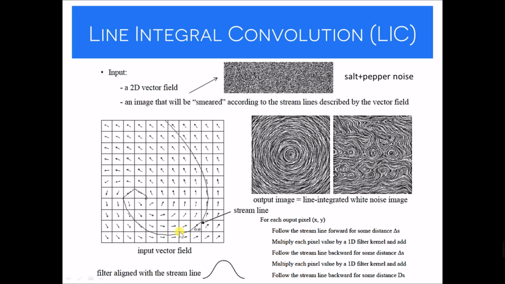And then at every point, you average those different gray level pixels along this line. So basically just take a finger and smooth it along this line.